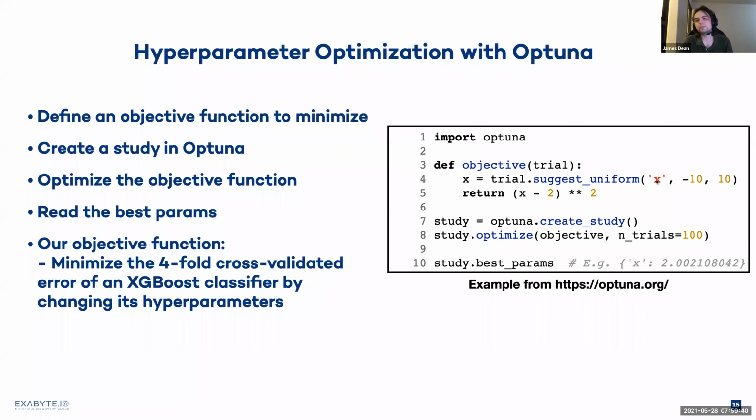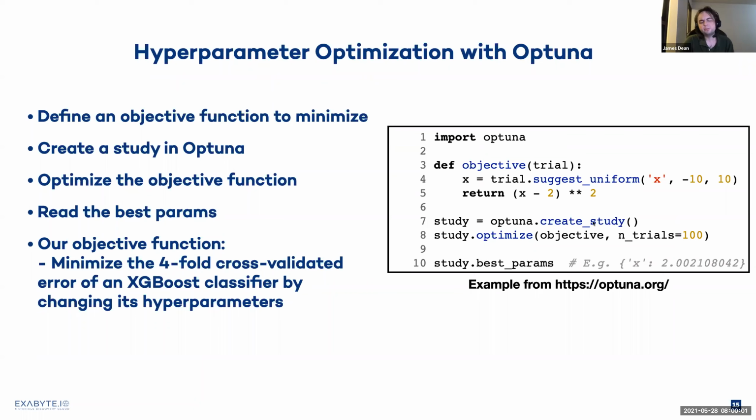So here, x might be a hyperparameter, and it's going to pull from the uniform distribution from -10 to 10. It returns x minus 2 squared, and I believe by default it's going to try to minimize this term. So it's going to try to solve for x in this case by randomly guessing.